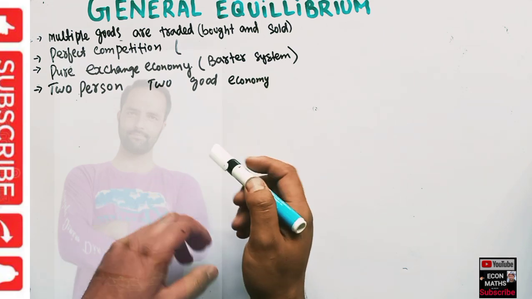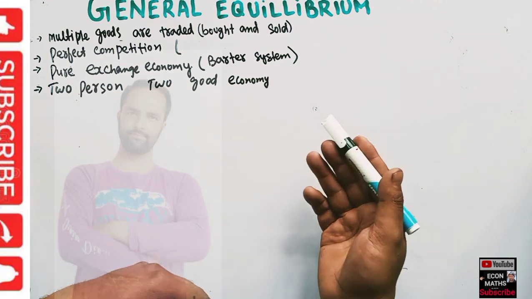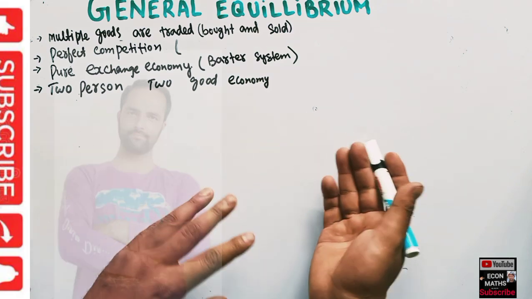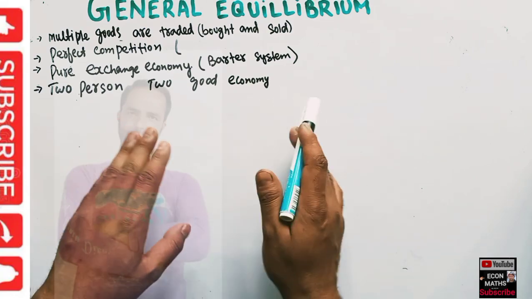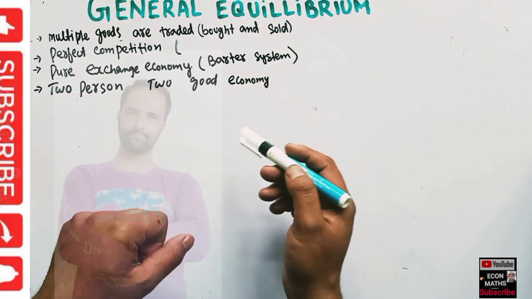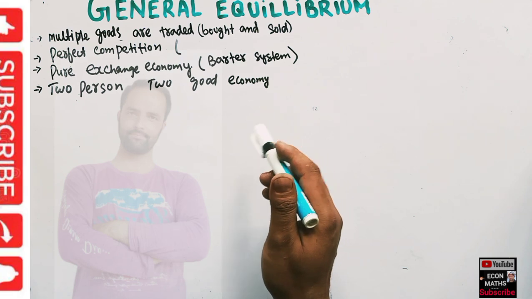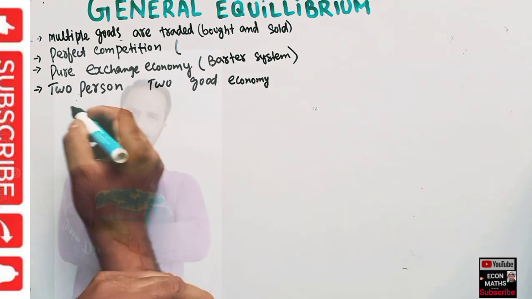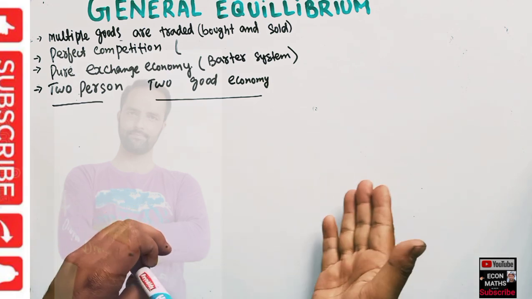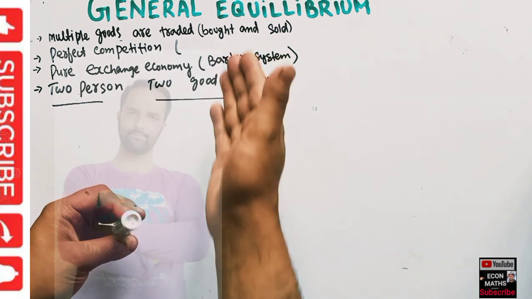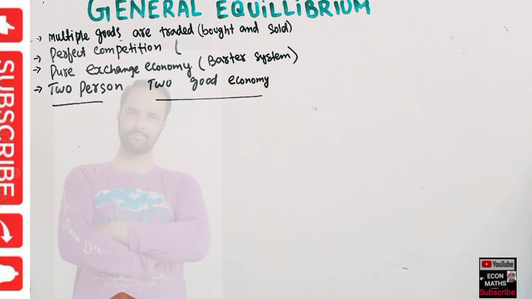Okay, so the consumers, or rather the persons, just exchange what they have. So they simply exchange. There is no production in this economy. And we take the simplest case of a two-person, two-good economy. Okay, so we take two persons or two agents, two goods economy to explain the general equilibrium analysis.